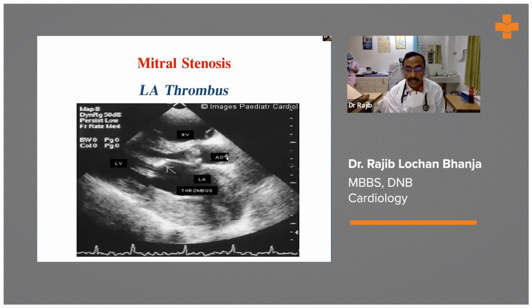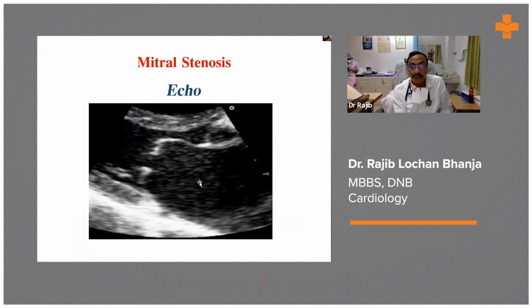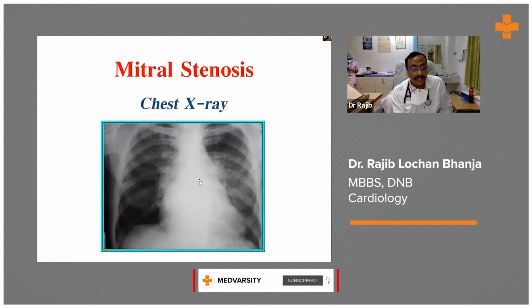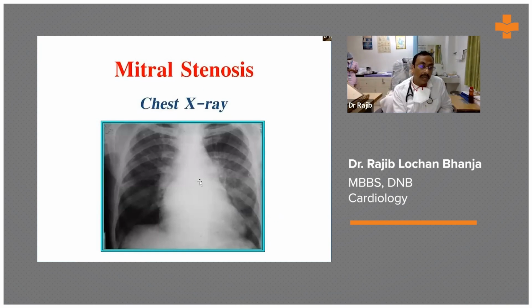You can know the pressure, the area, the dilatation of the heart, the calcification score, and whether the patient is meant for surgery, medical management, or balloon. Everything we can get from the echocardiography. You can also have a cath study, but nowadays echo is excellent, so it is the gold standard of diagnosis.